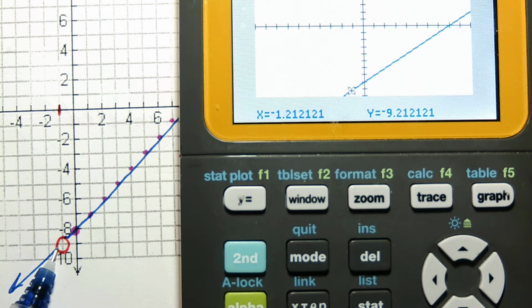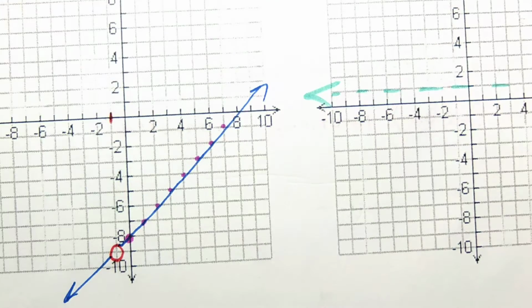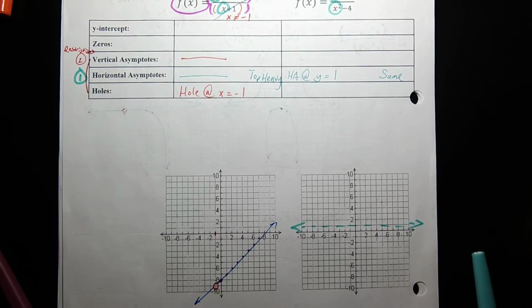So right in there I'm defined, but at that exact value of -1 would be our hole, our undefined value. Questions on that one?